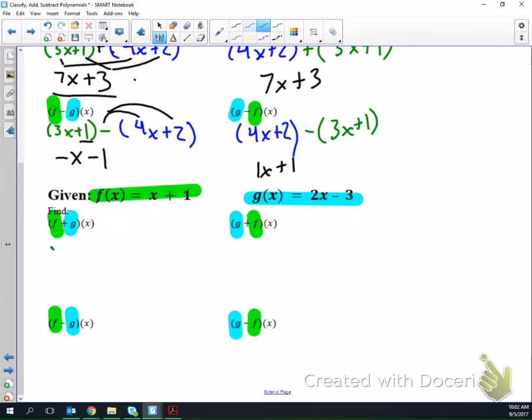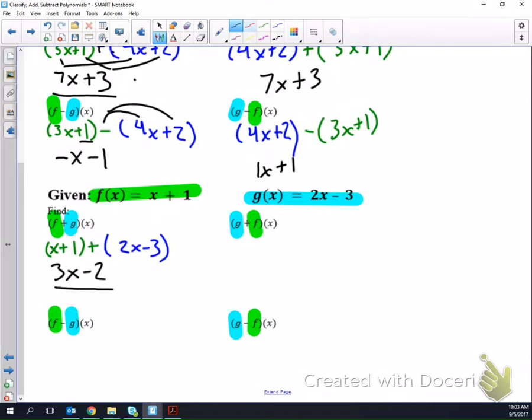So starting out with this one, x plus 1 plus a 2x minus 3. So x plus 2x, 3x, 1 plus a negative 3, negative 2.